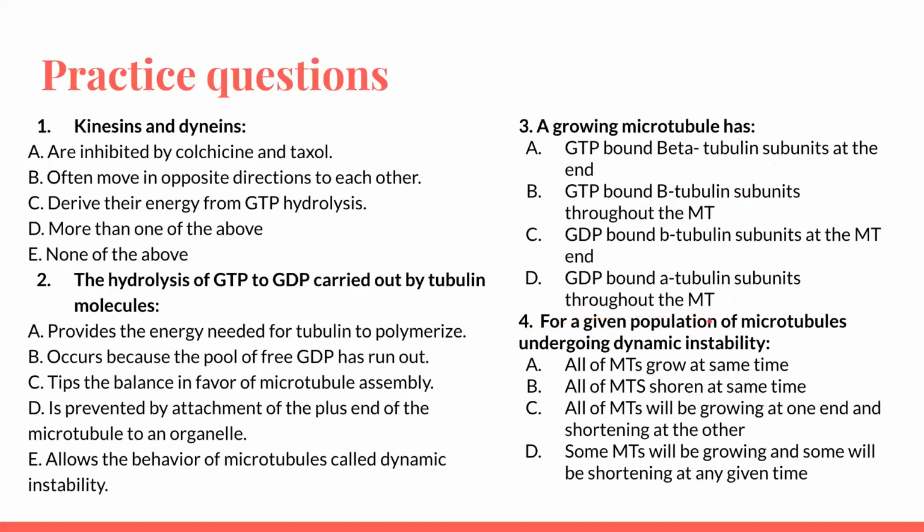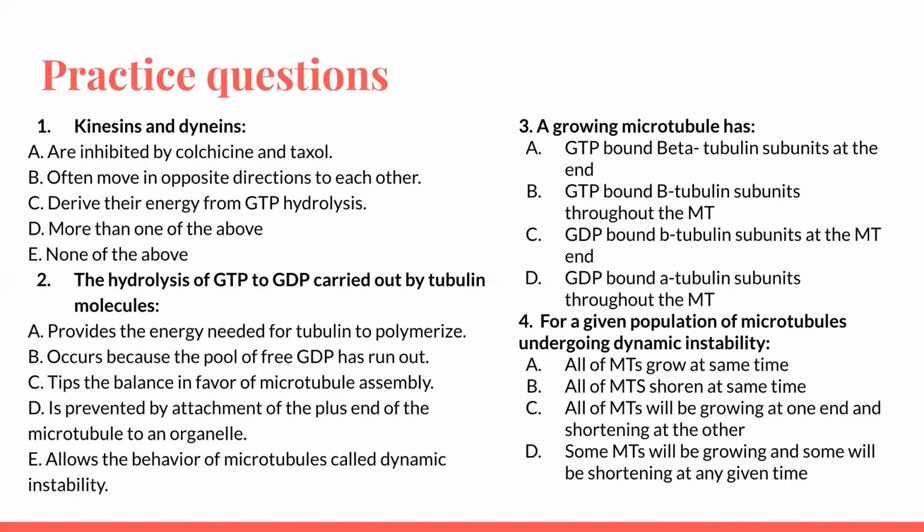All right, number 4: for a given population of microtubules undergoing dynamic instability, which is true? So you have a bunch of microtubules in a test tube. What's happening?